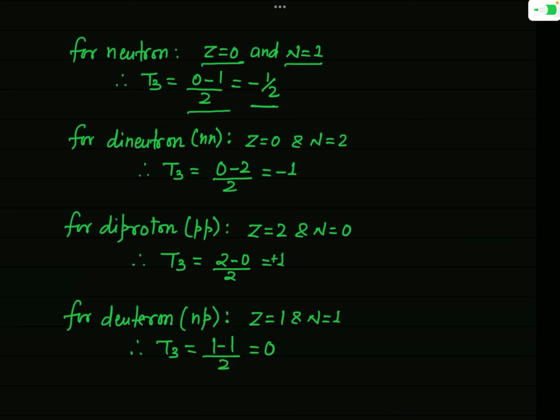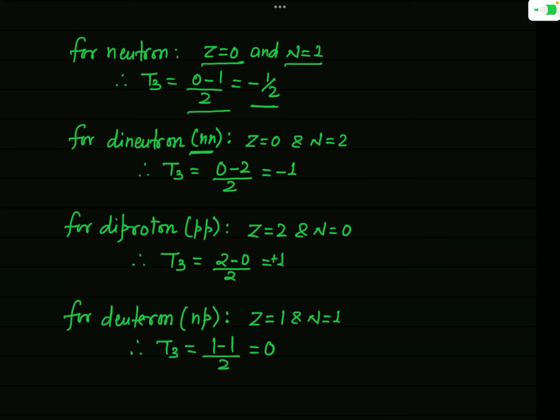Okay. Now consider a system which is called dineutron. Have you heard about dineutron? When I discussed the deuteron problem, I definitely told you about this system dineutron. In fact, dineutron means a system which contains only two neutrons, no protons.